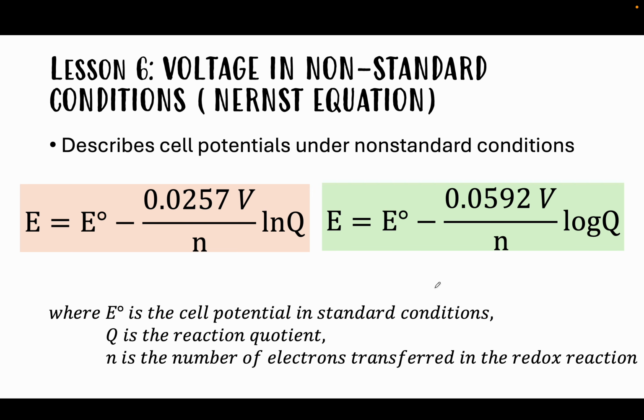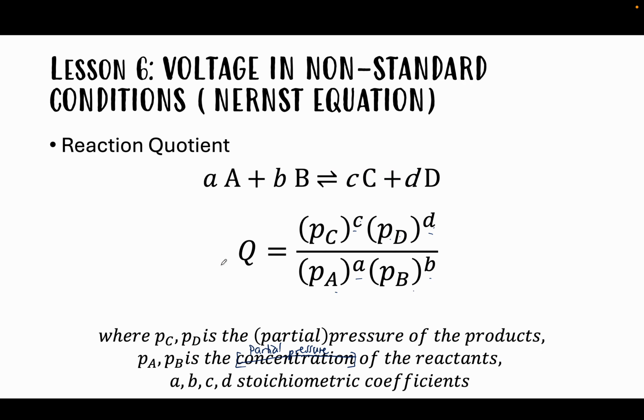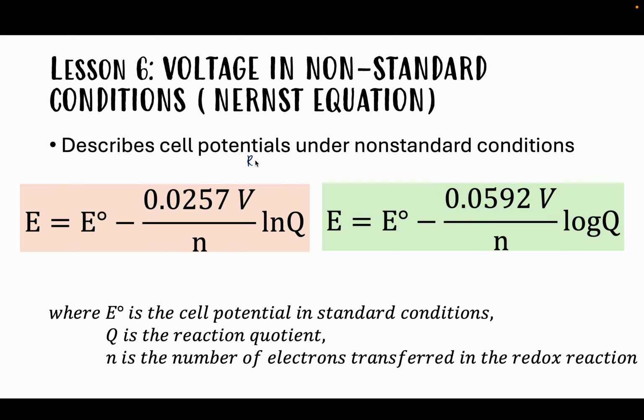Now going back to our equation, we have RT over NF ln Q. And then the other one, you have E equals E naught minus 2.303 RT over NF log Q. And what were the conditions?